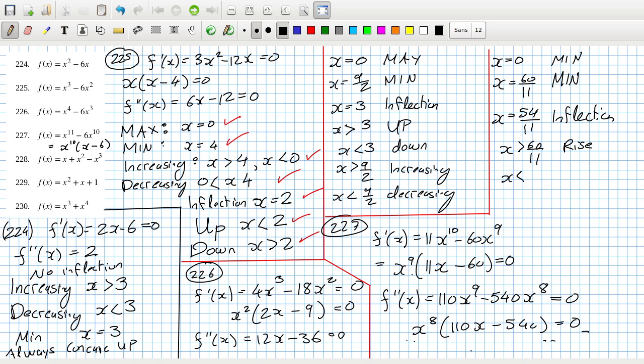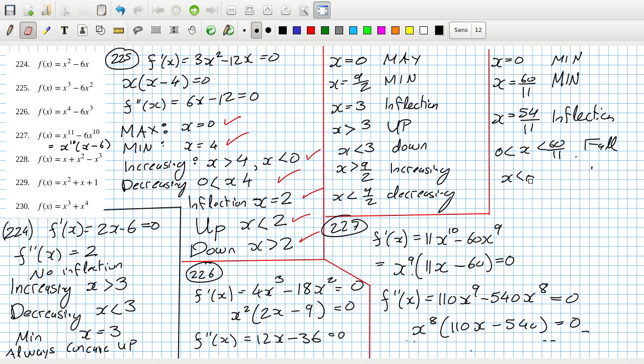When x is less than 0, that'll be falling. What about between 0 and 60 over 11? Yeah, that would be that one here, wouldn't it? So when x is between 0 and 60 over 11, it's positive, but it's negative, so that's falling.